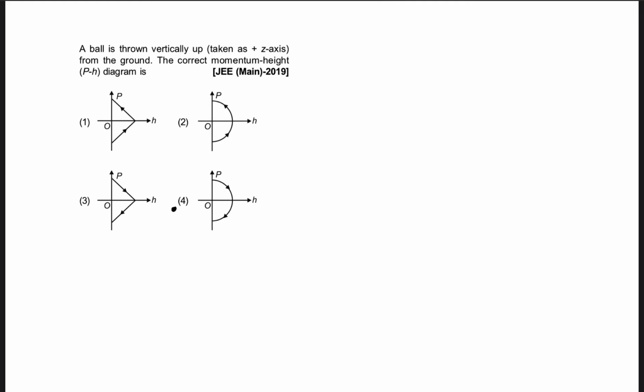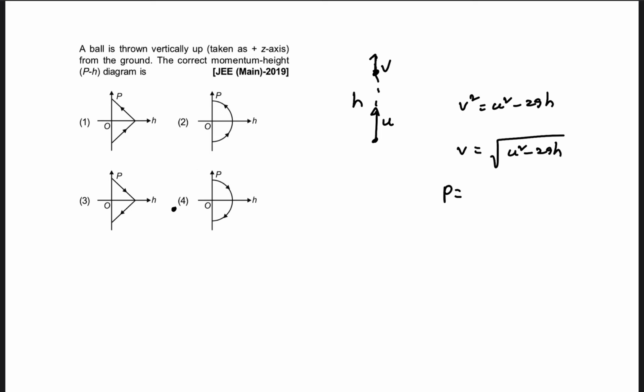Okay, next one. A ball is thrown vertically upward. What is the correct momentum and height graph? If I throw any body vertically upward with u, at any height the velocity is given by v square is equal to u square minus 2gh. V can be written as the square root of u square minus 2gh.